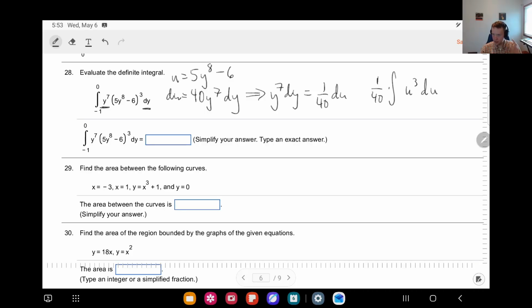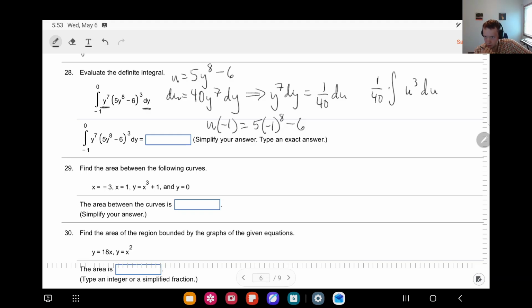And the only thing that's left is the limits of integration. So -1 is my lower y bound. Let's write u of -1. So 5 times -1 to the 8th minus 6.